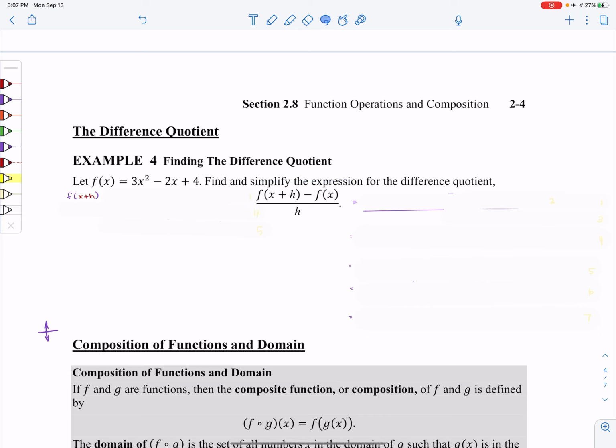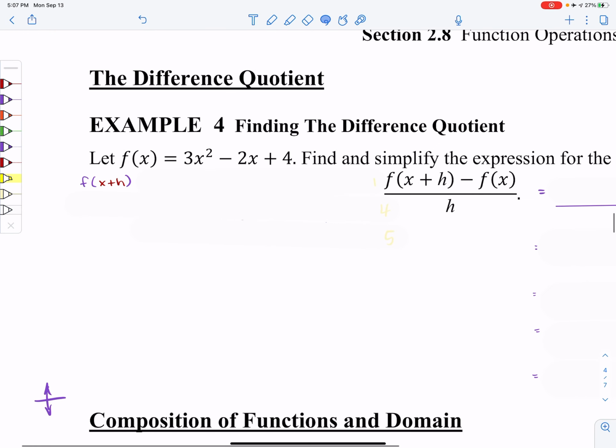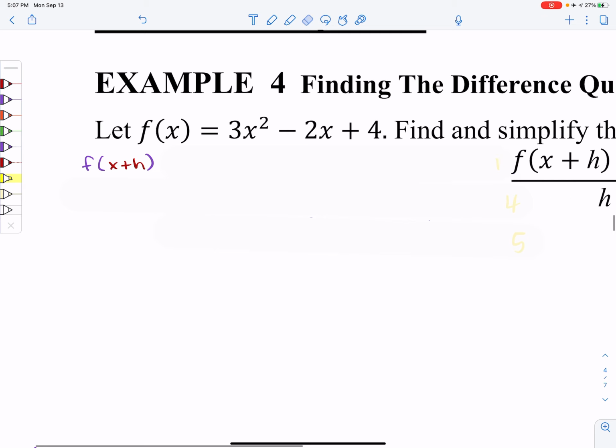Now, let's look at what we're going to do first. The first thing we want is to find out what is f of x plus h. We already know what f of x is. It was handed to us. But what is f of x plus h? So I've done this over on the side here.